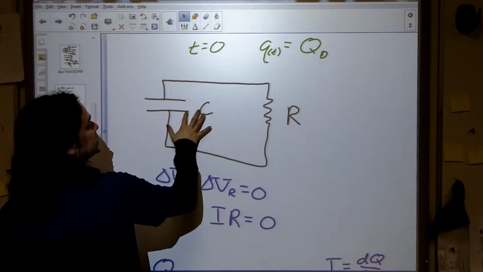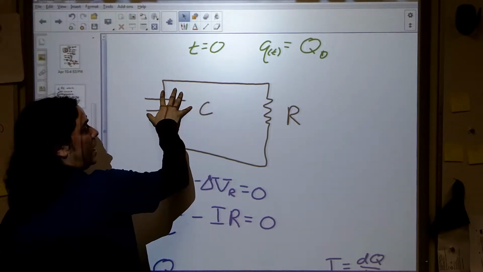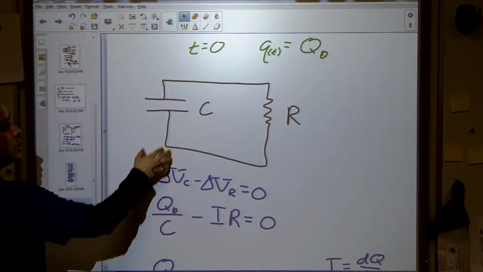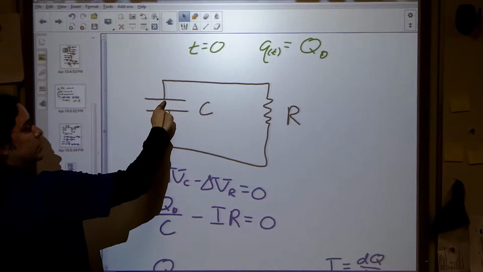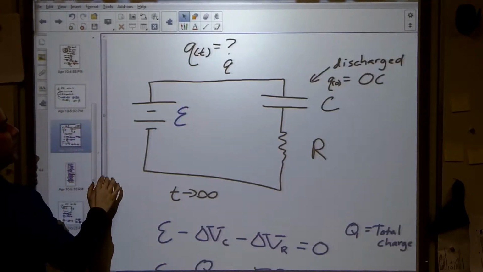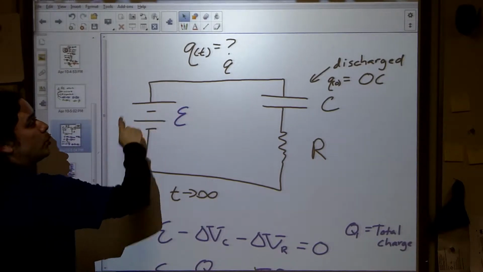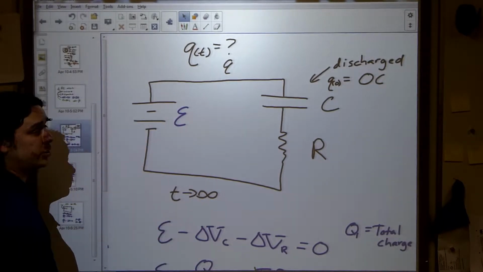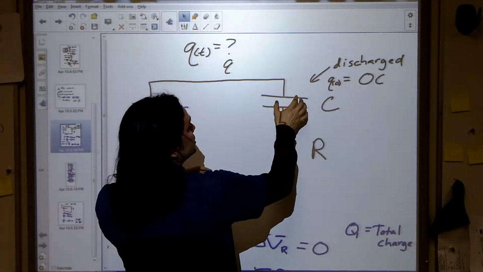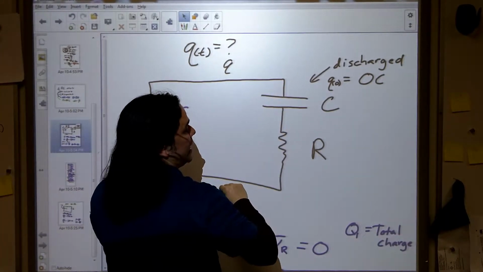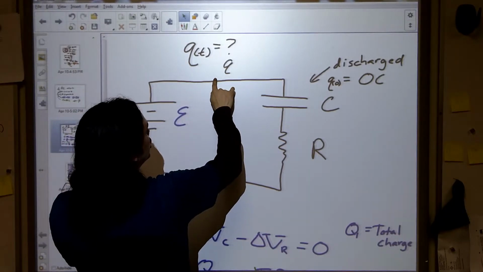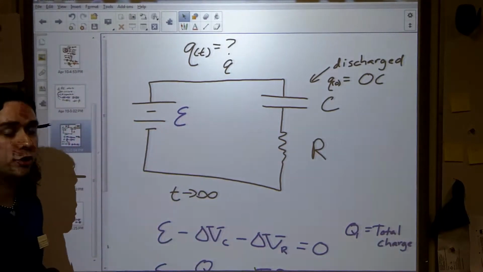In other words, having a high Q, a high charge on it, is actually giving us a lot of current. As this charge goes to 0, our current starts grinding to 0. That is the exact opposite of what we saw when we were charging the capacitor, at which point we had a high current when the charge on the capacitor was 0, and we had a low current when the charge on the capacitor became a large number.